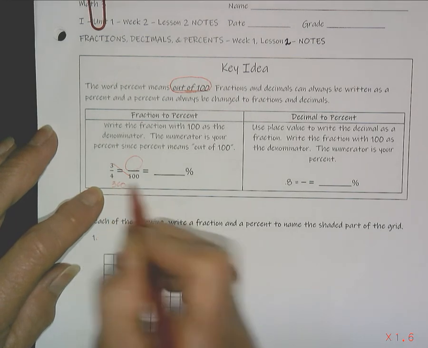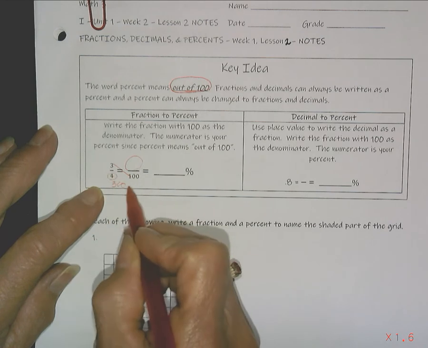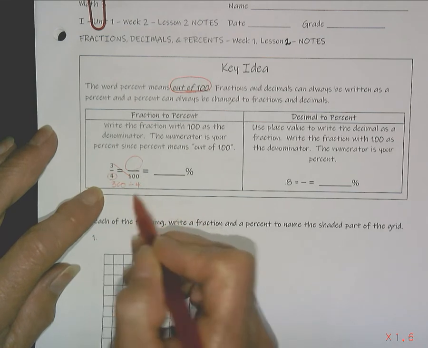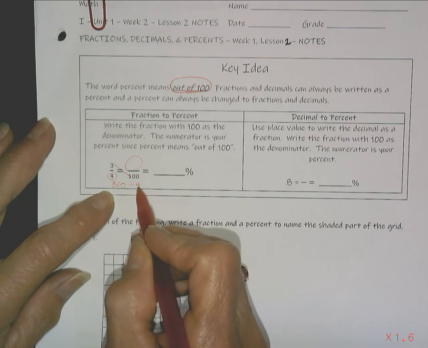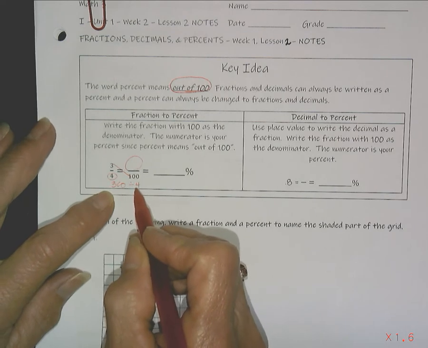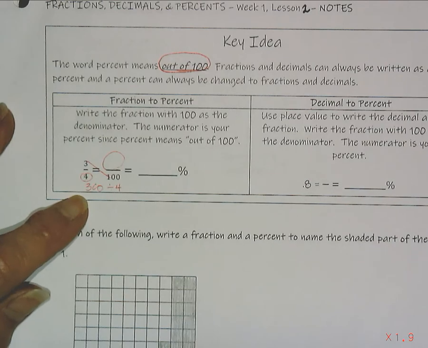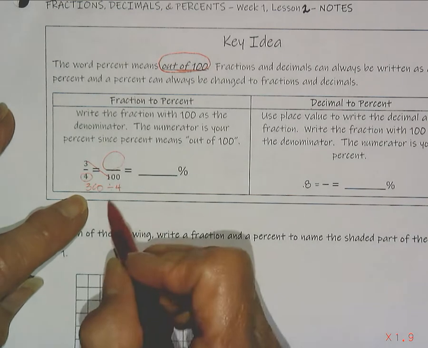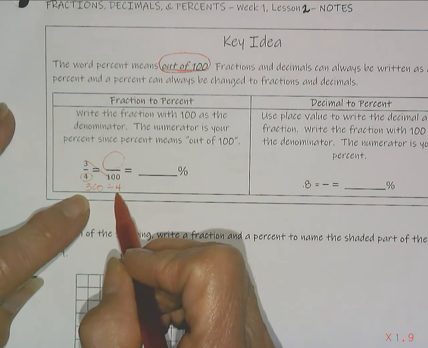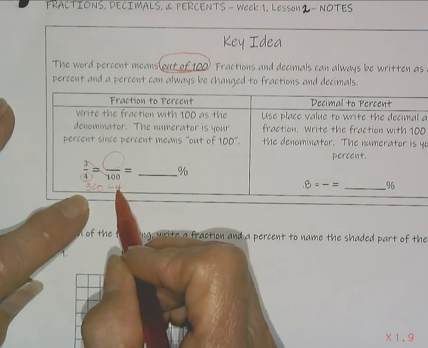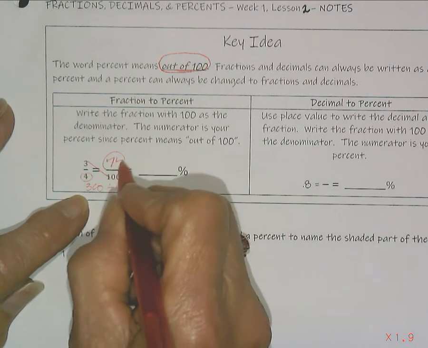300. Divide by this number 4 that we haven't used yet. And what's 300 divided by 4? 300 divided by 4 is 75.